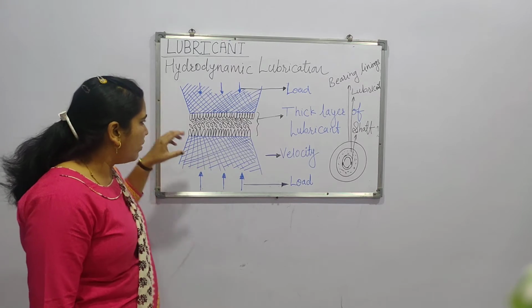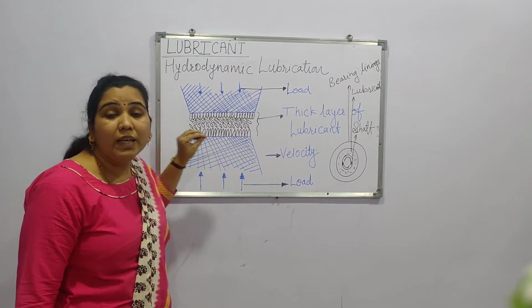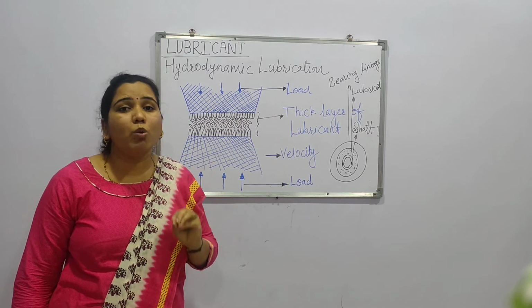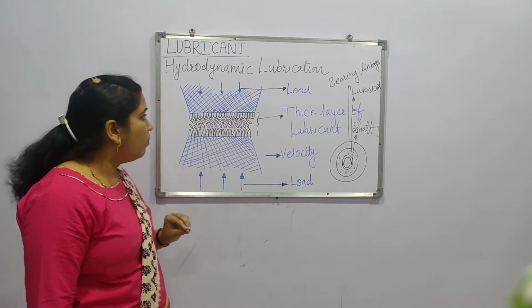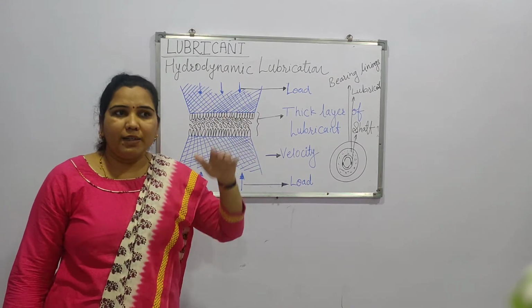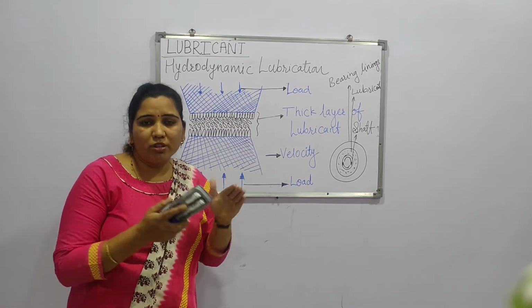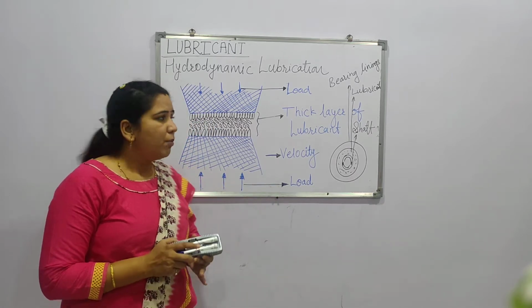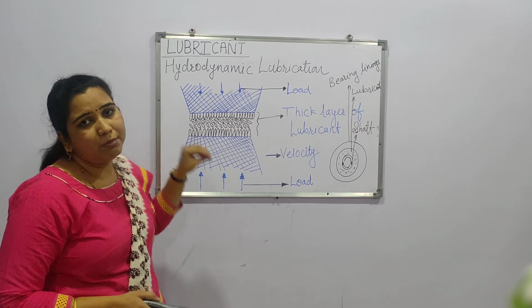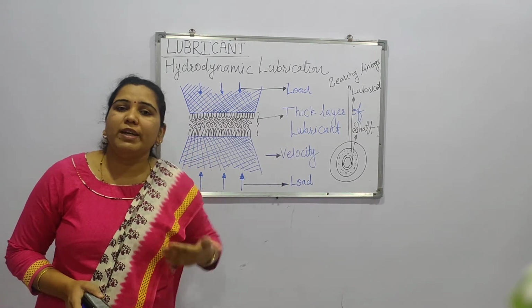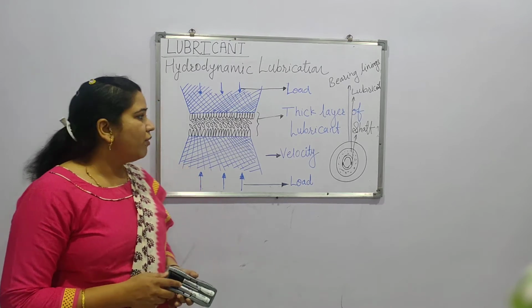As it is generally thick, greater than 1000 angstrom units, it keeps the asperities, or peaks, of the two surfaces away from each other because of its own position in between them, and it will not show any friction or wear and tear.